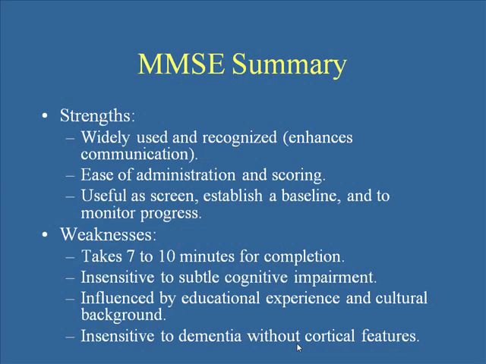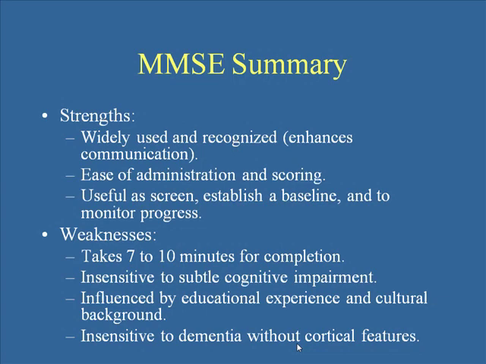Weaknesses, we've already talked about the time it takes to complete it. We've discussed to some extent the insensitivity to subtle cognitive impairment. And there has been some work that shows that it is influenced by education and cultural background. You can actually find standards that stratify based on education and cultural background.